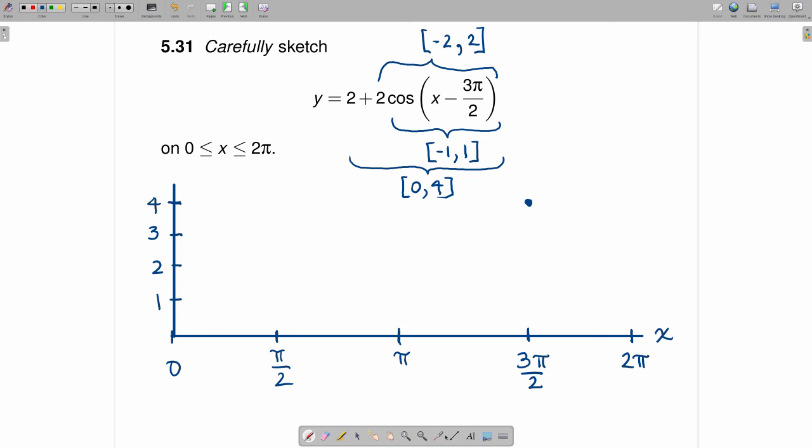Now, what this term right here is serving as is a horizontal shift. And the cosine function, which usually starts up at 1 at x equals 0, with all of the shift, is now going to start at 1 at 3 pi over 2.